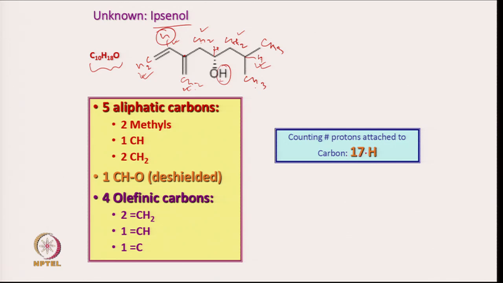In all 17 hydrogens, 2 methyl groups, 1 CH, 2 CH2 groups, 1 CHO, and 4 olefinic carbons, 2 CH2, 1 double bond CH and 1 double bond C. So here we have looked at how many protons are attached to carbon.